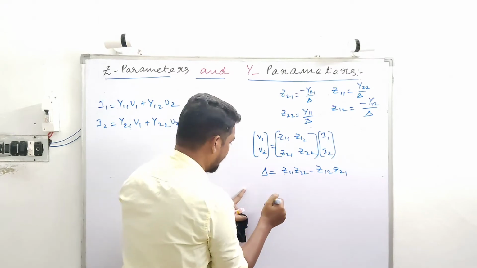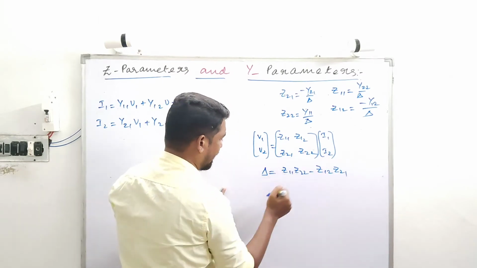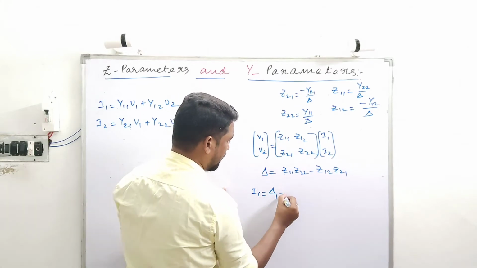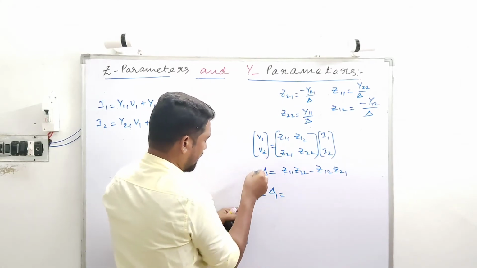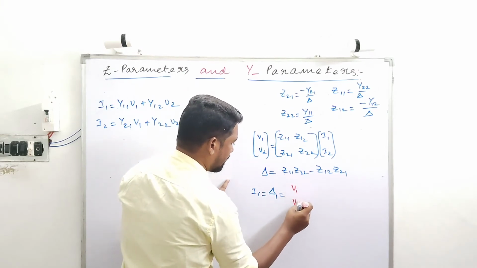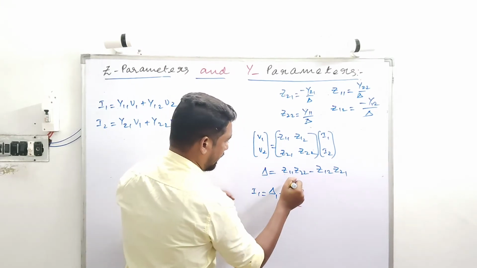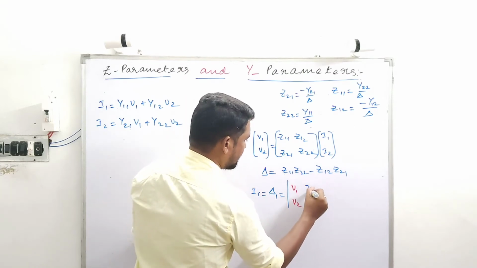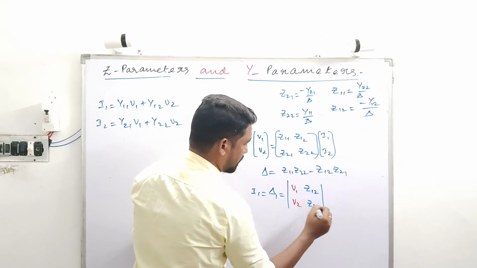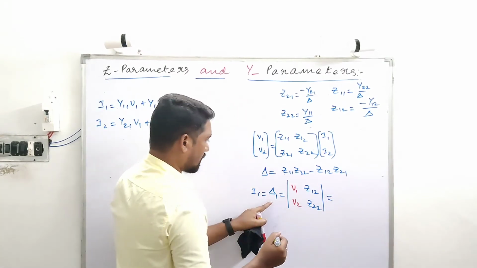Right, and on the other hand, if we want to have I1, we need to evaluate del 1, which is like this one. So plugging in the column matrix V1 and V2 in the first column, and Z12, Z22 from this one, the determinant will give us del 1.